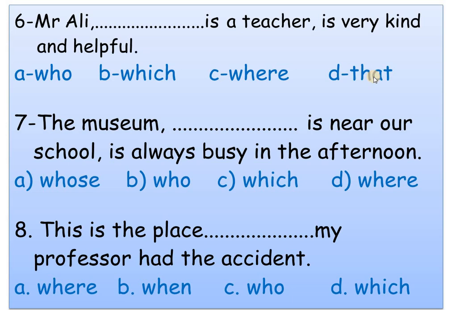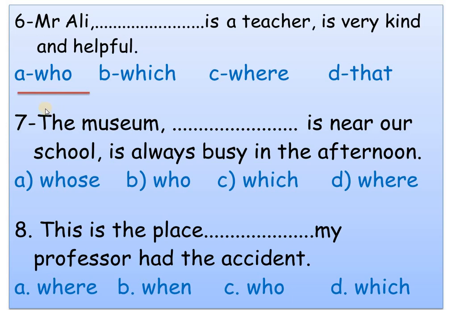That is not acceptable in this sentence. So Mr. Ali is a person. Where, which, who. Mr. Ali is a person, so we use who. Because some people may say who and that we can use them both. No, in the non-defining case, we don't use that. So the right word is who.